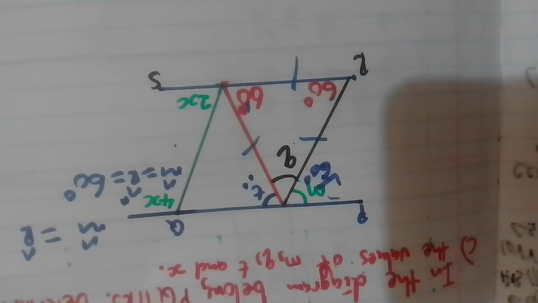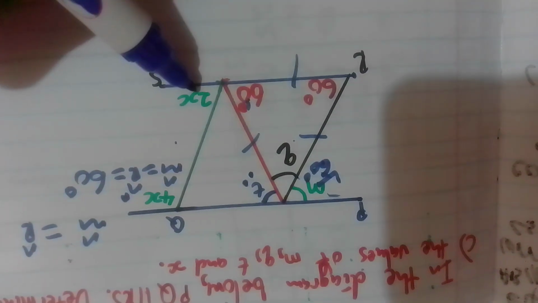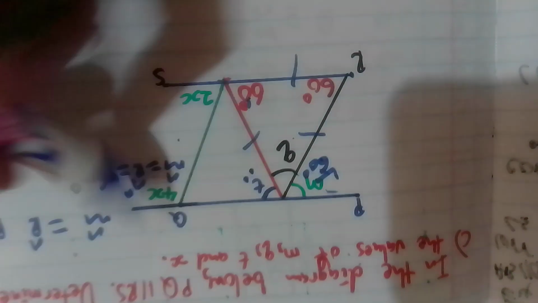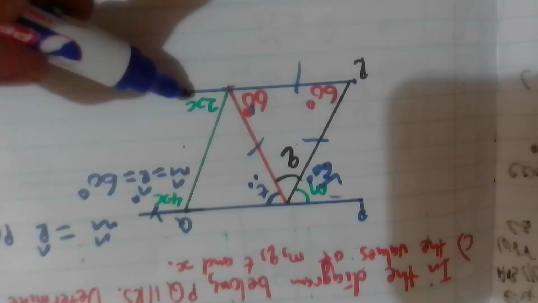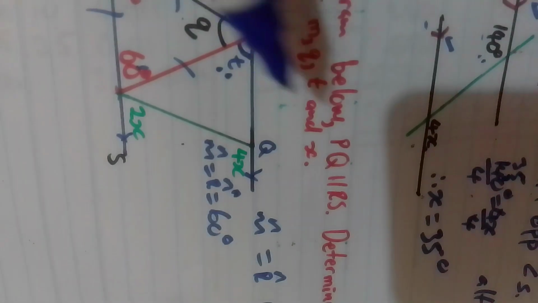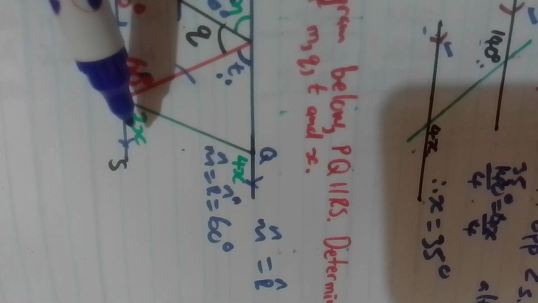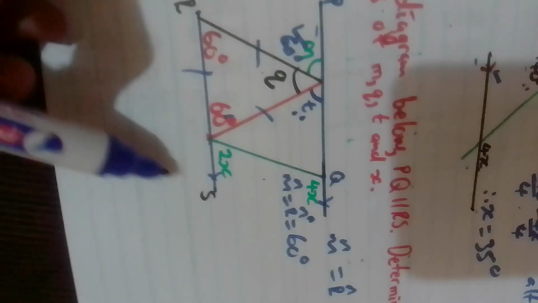Now we need to find also for x. Here we've got 4x and 2x. Remember, we're told that PQ is parallel to what? To RS. So which means that if I turn around my book like this, here on Q till I reach S, I've got a letter U. Let me just show you.